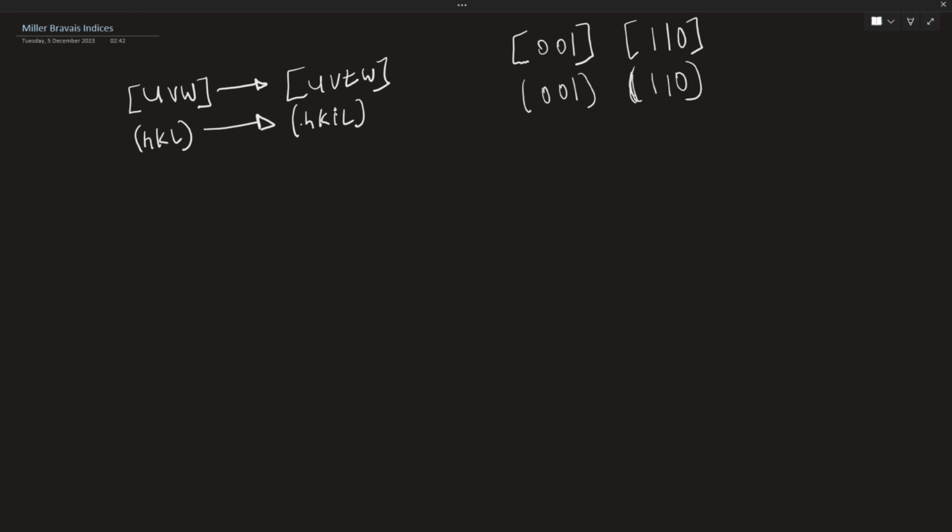So applying the formula, remember for this 0 0 1, this is our u, this is our v, and this is our w. So we put just this sign above to know that's our initial, right? So we are trying to go from this to u, v, t, w, sorry, direction.